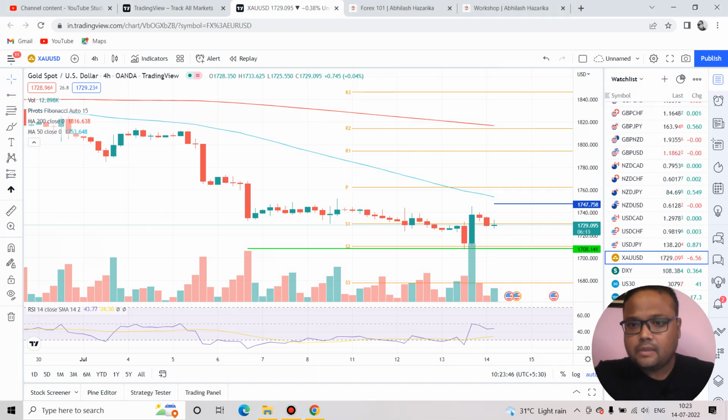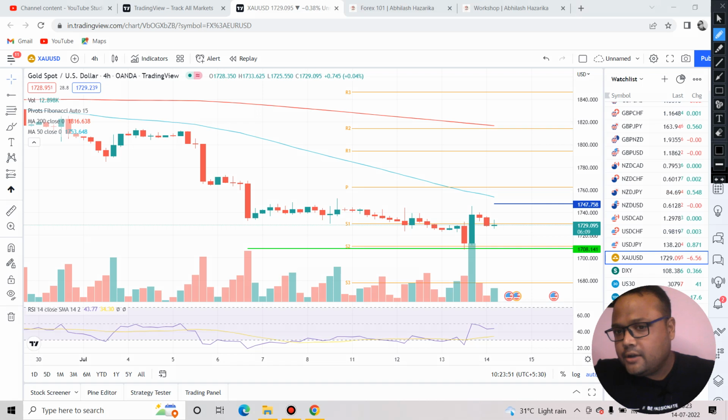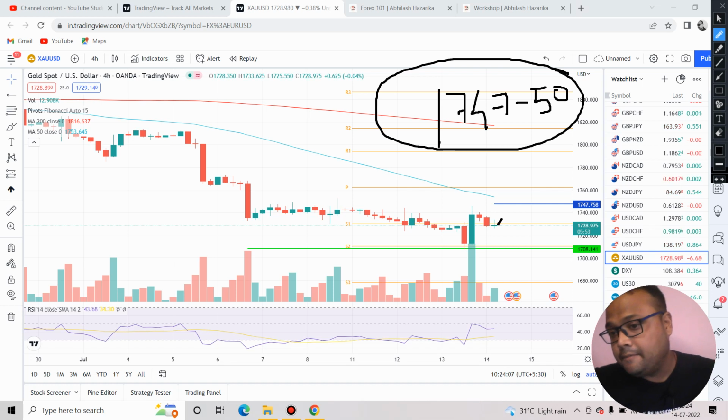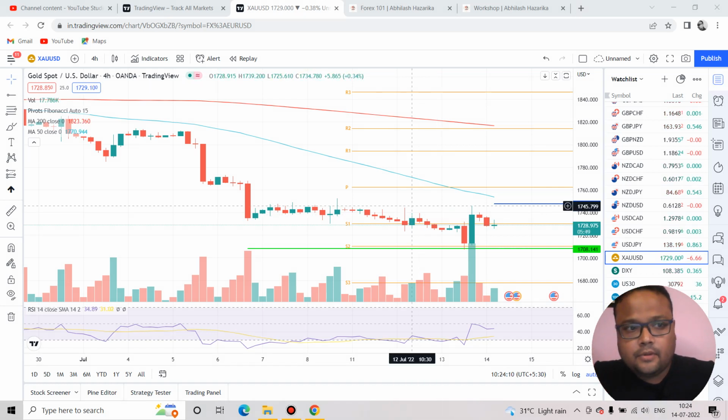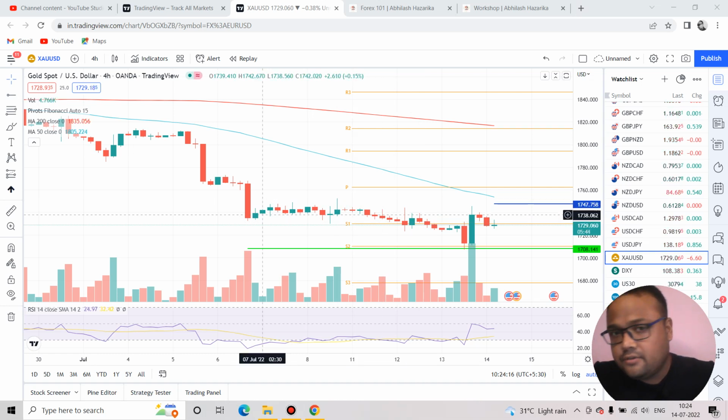Okay, and moreover, if you find gold going up from here, listen to me, then we can expect some selling around 1747 to 1750 level. Why can we expect some selling? Because this is the level where we have seen price rejection from above.